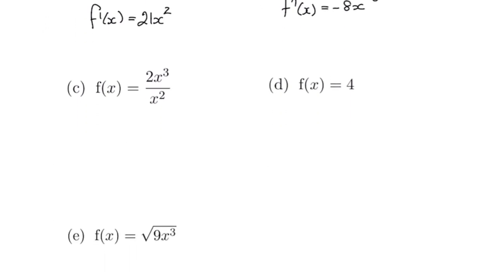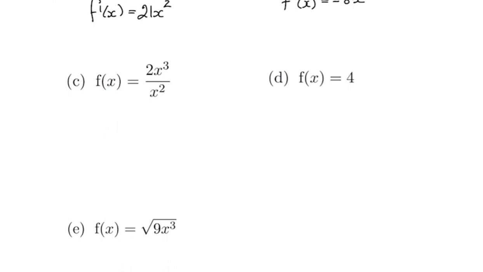Now if you look at C, you will notice that isn't in the form ax to the power n or kx to the power n, so we have to simplify it first before we do anything, and we often simplify using our indices rules. So f of x equals 2x cubed divided by x squared, which is 2x, and remember that's power 1.